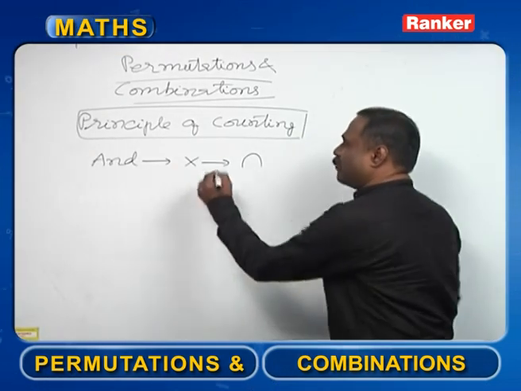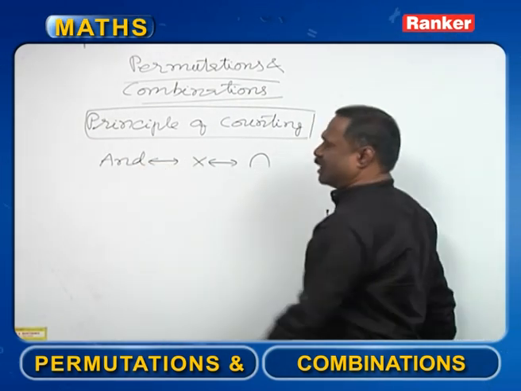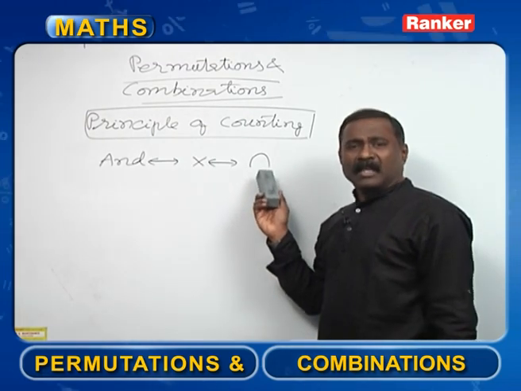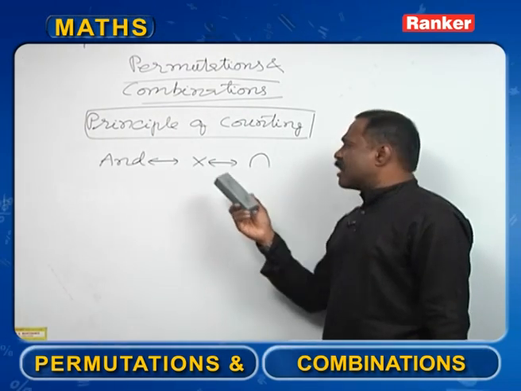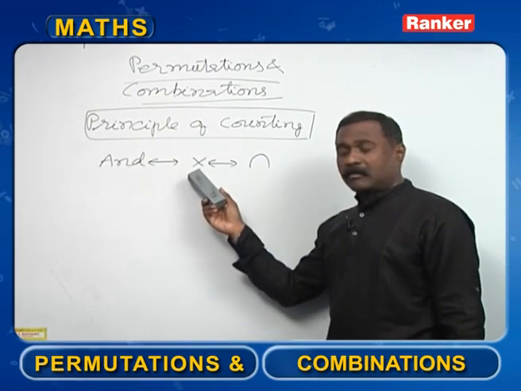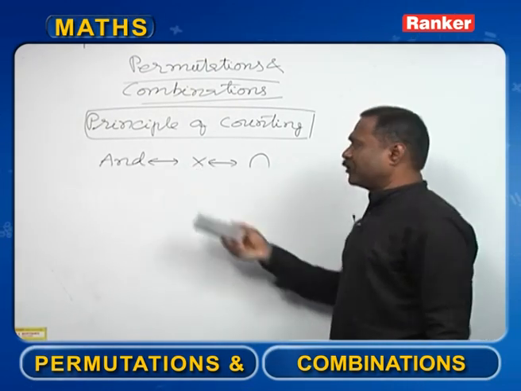Intersection can be written as into, multiplication, and into can be written as "and". So there is no difference between these three in permutations and combinations. Whenever you come across "and" in the problems, multiply or use intersection. Whenever you get intersection, use into, that is multiplication.